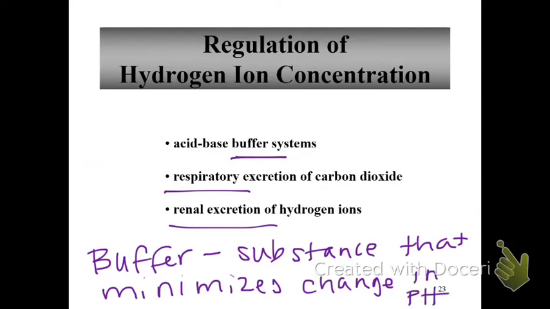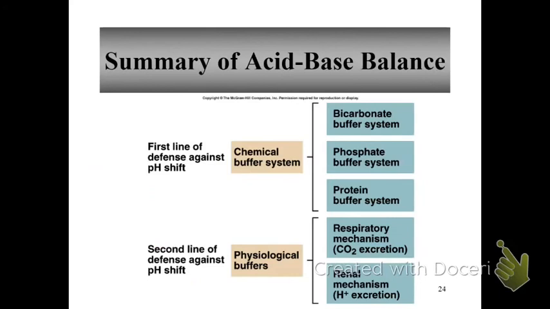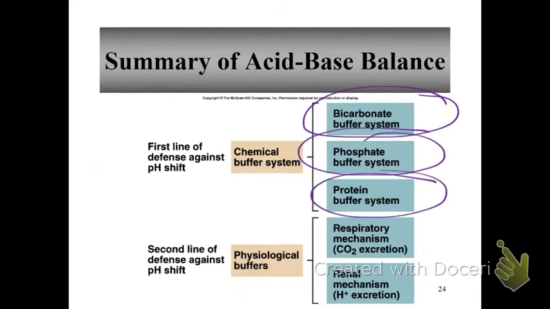And that's just going to be in that red blood cell. So we talked about that when we talked about blood. Okay, so looking here, this is just showing you the types of buffers. You have the bicarbonate, the phosphate, and the protein buffer system. So there's your 3 types of buffers.